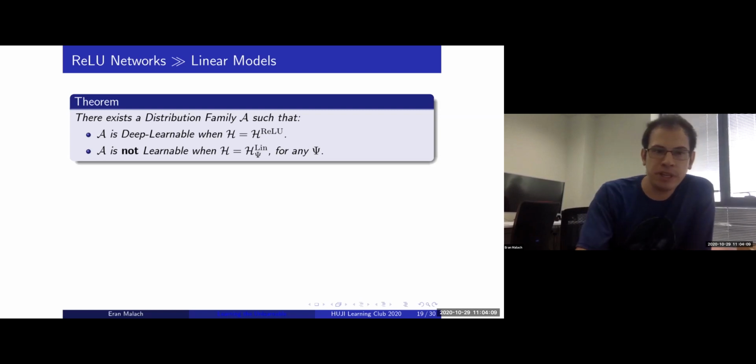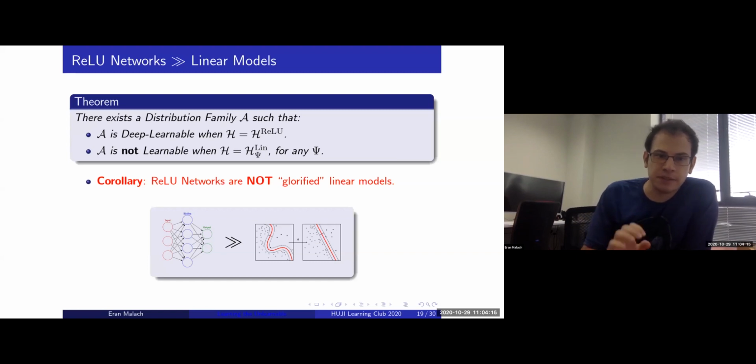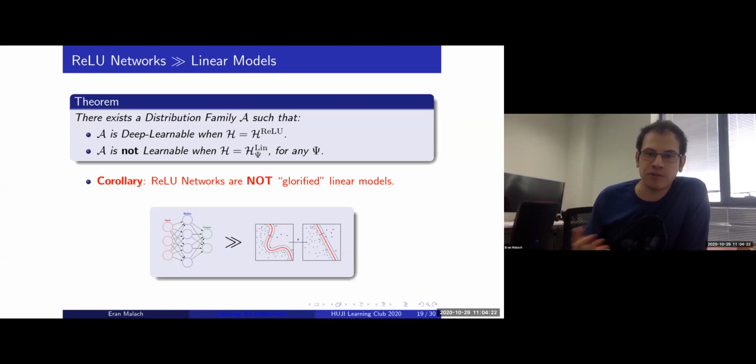This same distribution family would not be learnable using linear models. So the corollary, what you should maybe expect, is that ReLU networks are not just glorified linear models in this sense. There exist distribution families, or problems, or assumptions about the world, where we can deeply learn neural networks to solve the problem, but we cannot learn any linear model to solve the same problem. Okay, so this is our result.